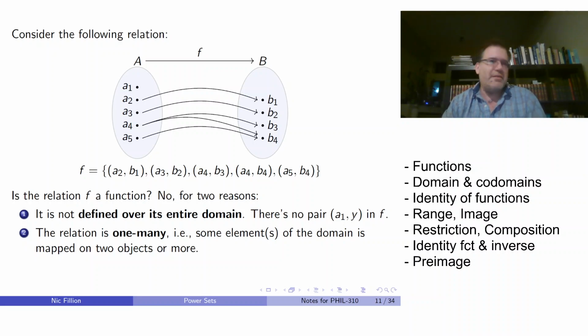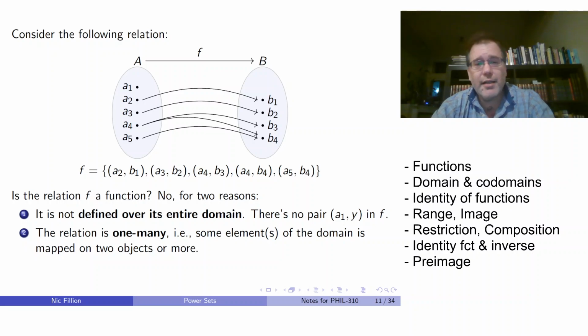So f isn't defined for A1. Another way of thinking about it is there is not a single ordered pair in f that starts with A1. That means f is undefined for A1. And that's something we want to avoid with functions. If you remember your intuitive understanding or your school education, that's definitely something we want to avoid.